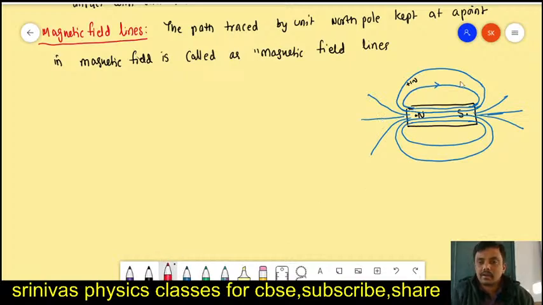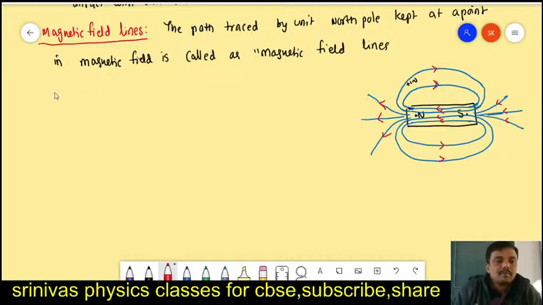These are the magnetic field lines, okay. Outside of the magnet, the magnetic field lines start at the north and end at the south. Look here. Outside of the magnet, they start at the north and move toward the south. And inside the magnet, they go from south to north. South to north. Okay? Right. This is about magnetic field lines.